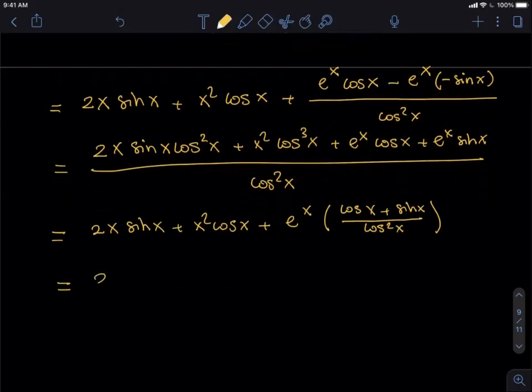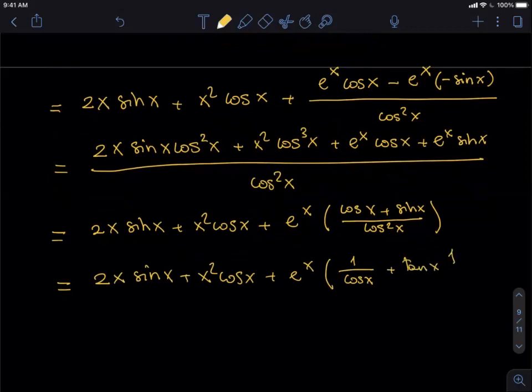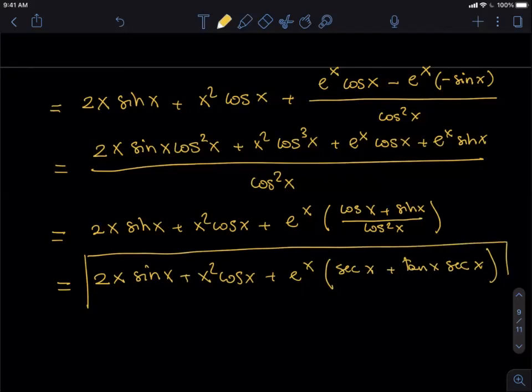Why not? 2x sine of x plus x squared cosine of x plus e^x, and then this is 1 over the cosine plus the tangent times 1 over the cosine, but 1 over the cosine is the secant. And I will leave it here. Okay, this is as simple as we can write it.